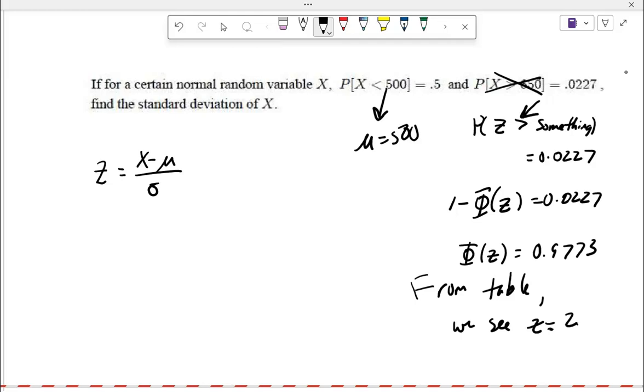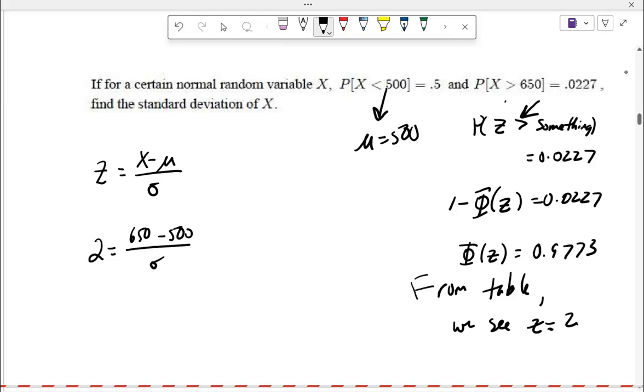I know the z is 2. I know the mean is 500. Now I'm going to go back up and erase what I crossed out. What's the x? The 650. That was the value for the x that we were interested in, right? I crossed it out and said ignore it, but really I was thinking I can do this in terms of a z-score. So my x is 650.